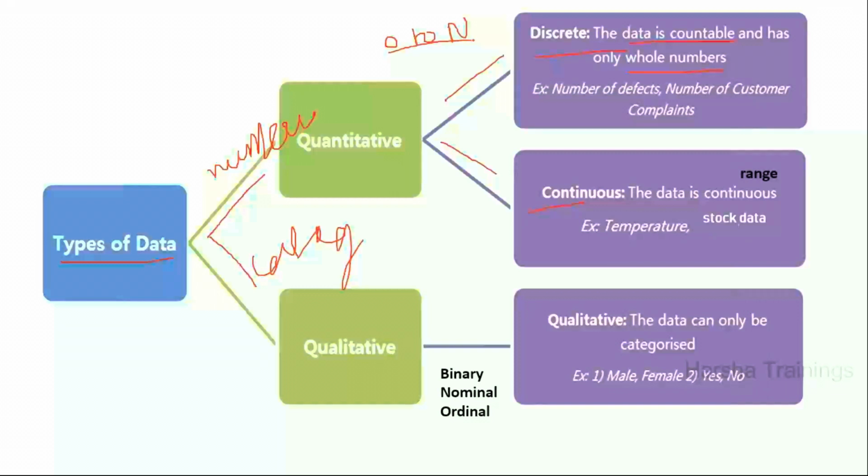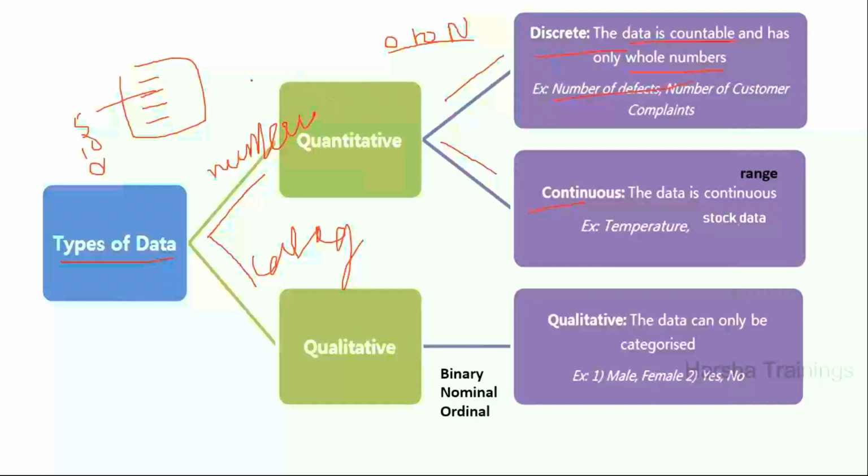This is discrete. For example, let us write a program. Suppose my program consists of 10 lines, or 100 lines, or 1000 lines. If I compile the program, it may give 5 errors or 10 errors or no errors. That is called the number of defects.